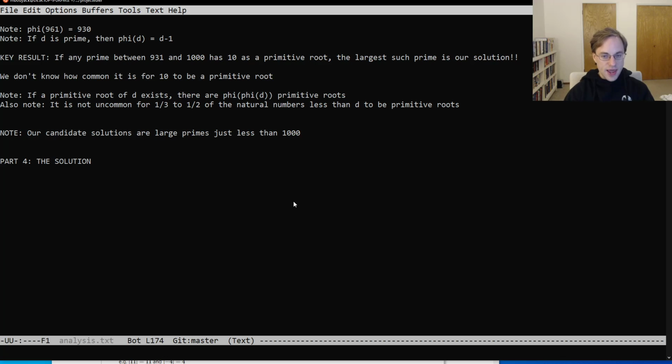so we've talked a lot about primitive roots, but I haven't really talked about how to calculate them or determine whether a number is a primitive root. Let's see. So let's take a look at the largest prime less than 1,000, and that's 997.